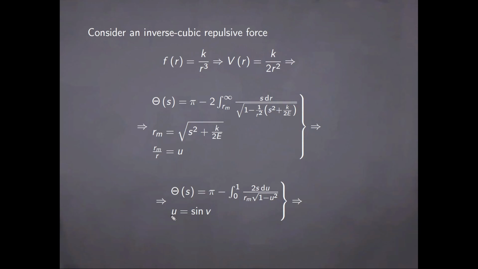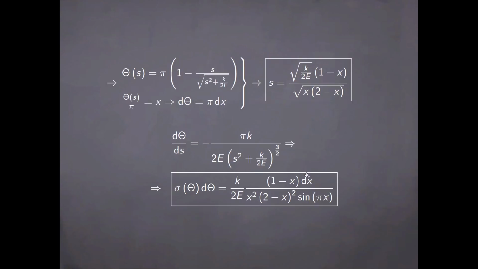And to go further, we make a new change of variables given by u equal with the sine of a variable v, which allows the straightforward integration in the result here. So this is the scattering angle as a function of the impact parameter. And then if we once again change variables by denoting the ratio of theta to pi with x, then we can solve this expression for the impact parameter and obtain the result here.